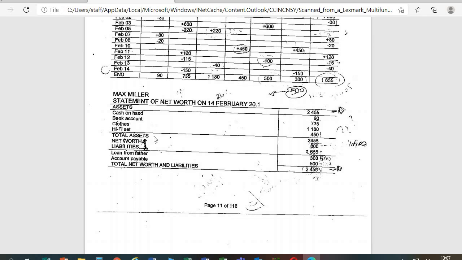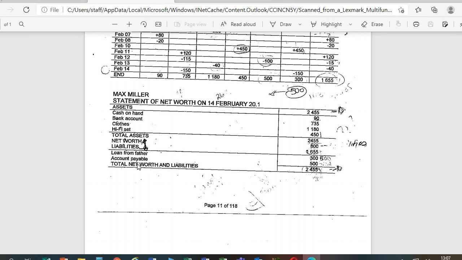And then you write down there your total assets is your 2455. And then we come to your net worth. Your net worth being 1655, this should be here and that down there. And then we've got your liabilities, which is your 500 plus 300, they come to 800.